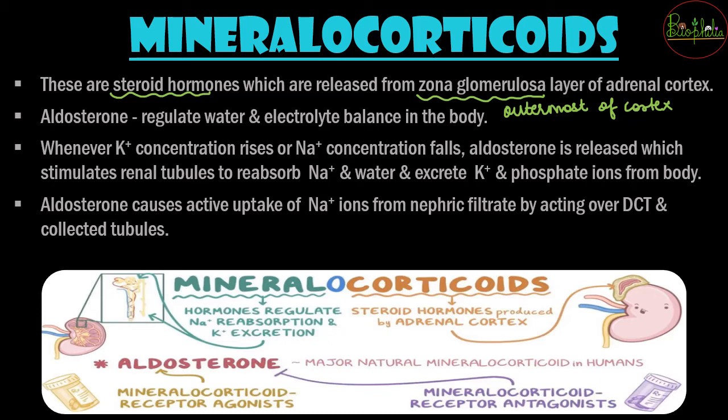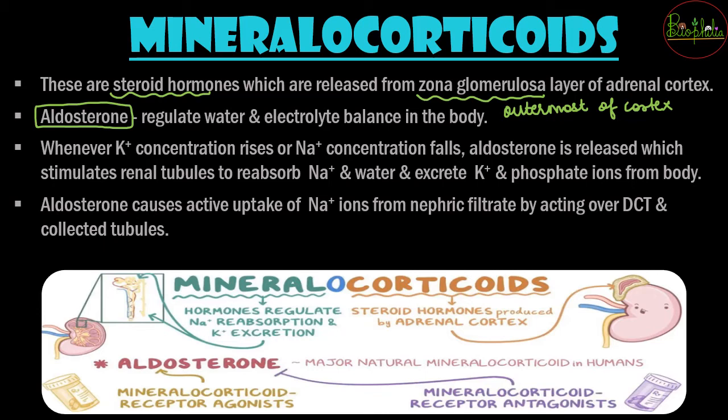So mineralocorticoids में से the most important of those mineralocorticoids of our understanding is going to be aldosterone. So the one we will be understanding under the category of mineralocorticoids is aldosterone, which is released from the zona glomerulosa. And what is this hormone going to do?